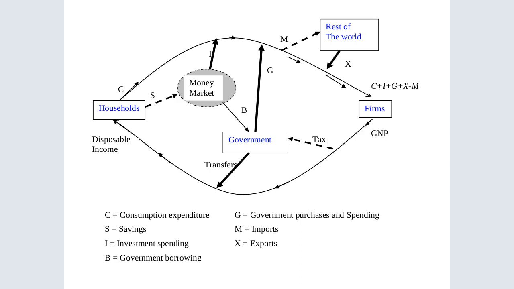Now from the money market, we said the household saves in the money market. So from the money market, investment is made. From the investment, of course, you get your returns, which again joins the income that you consume.